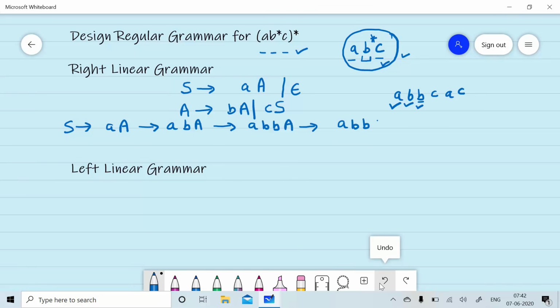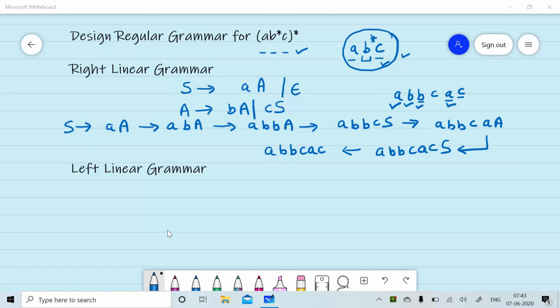So we will replace it by cS. Next symbol is a. So we will replace by aA. Next symbol is c. So we will replace it by cS. Then S is replaced by null, and we are able to generate abbcac.